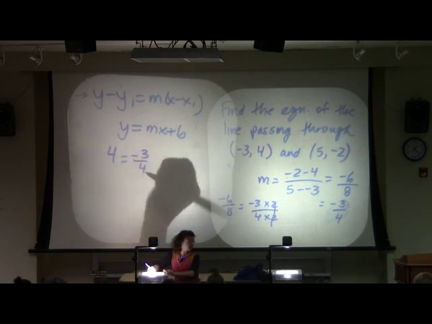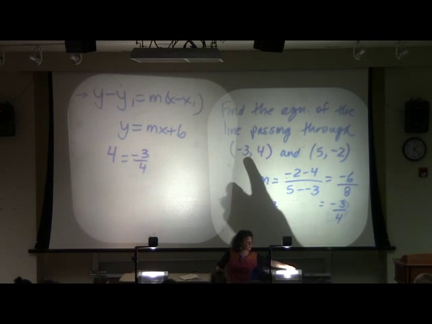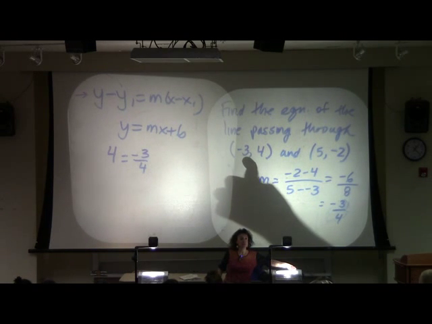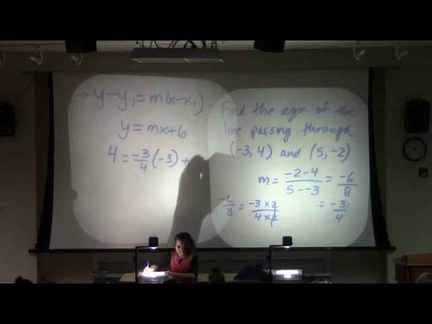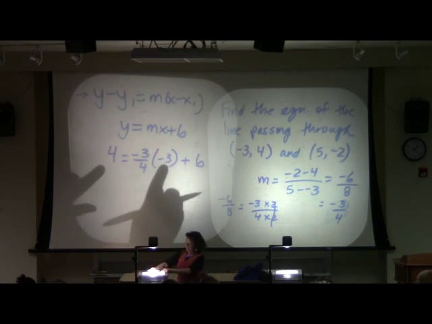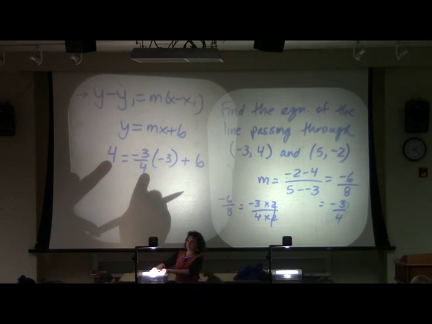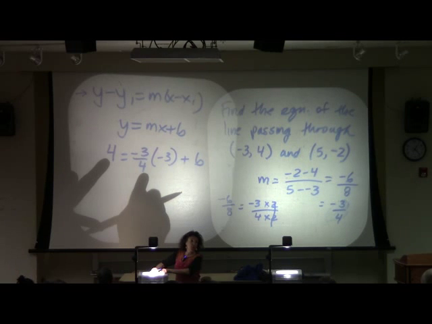Negative 3/4. Okay, what's my corresponding x value? Negative 3 plus b. Right, you plug in your ordered pair, your x and your y value, and your m value. If you have a question, just yell out.